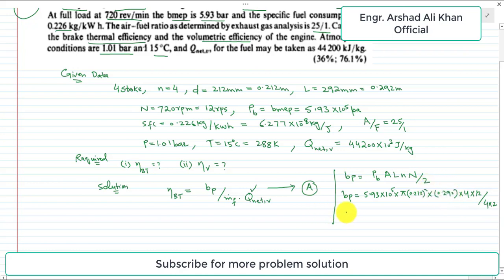Simplifying this, brake power is equal to 1.467 into 10⁵ watt.